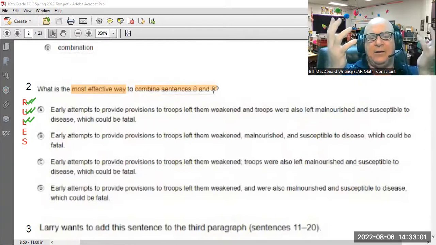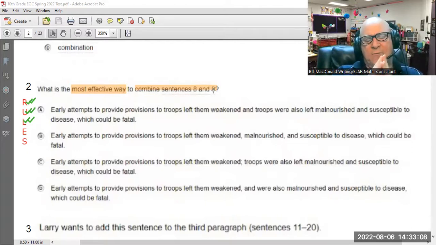8 and 9 come together right now. And again, most effective means that there's usually a distractor.